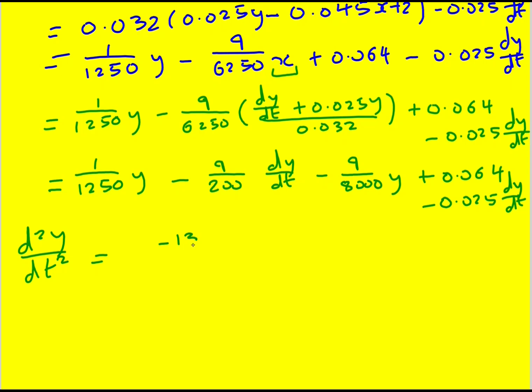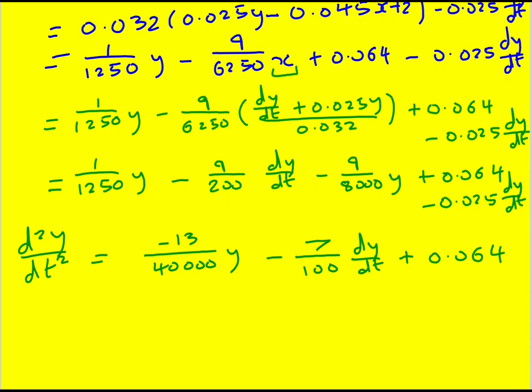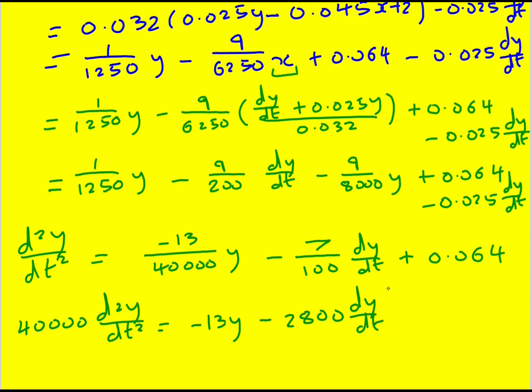becomes minus 13 over 40,000 y minus 7 over 100 dy by dt plus 0.064. And then I'm going to times through by 40,000. Minus 13y minus 2,800 dy by dt was 2,560.